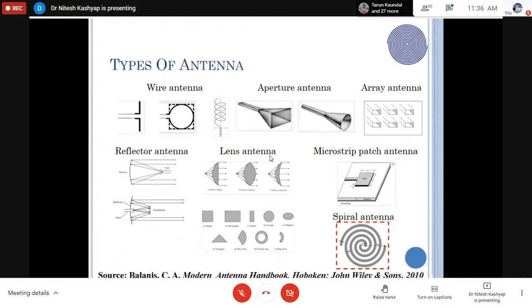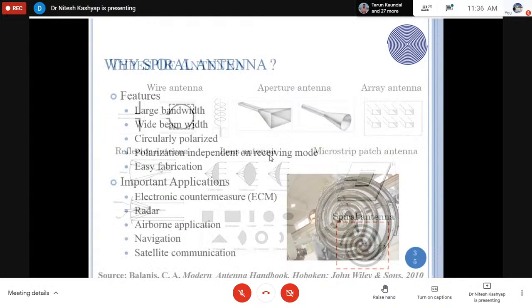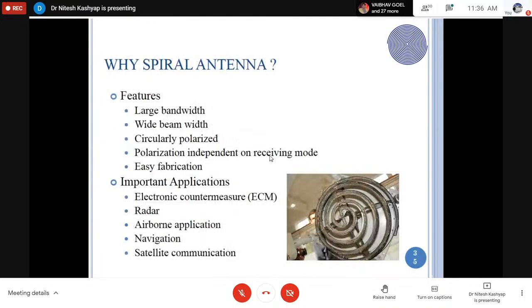Let's see, why spiral antenna? The features of the spiral antenna are: it has large bandwidth, wide beamwidth, circular polarization, polarization independence in receiving mode, and fabrication is very easy.